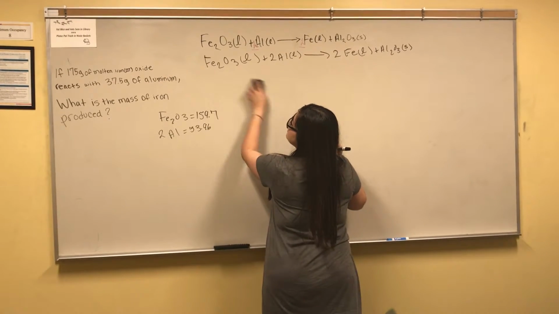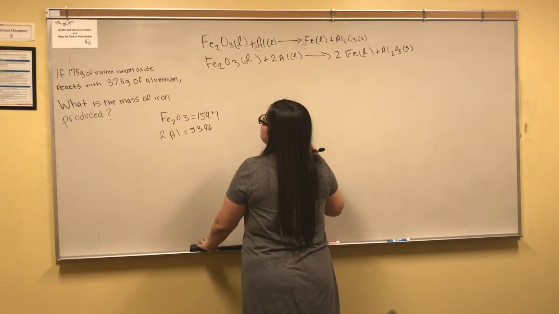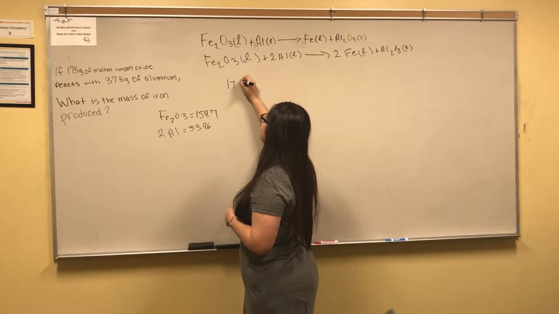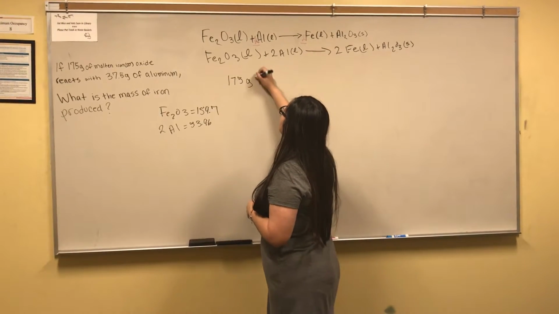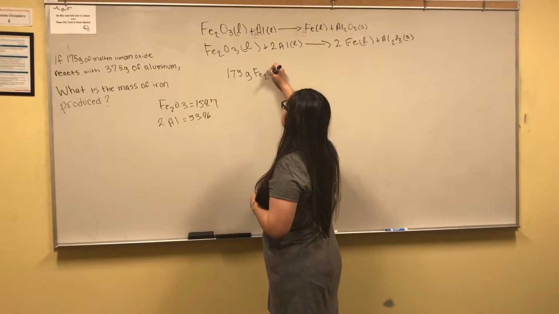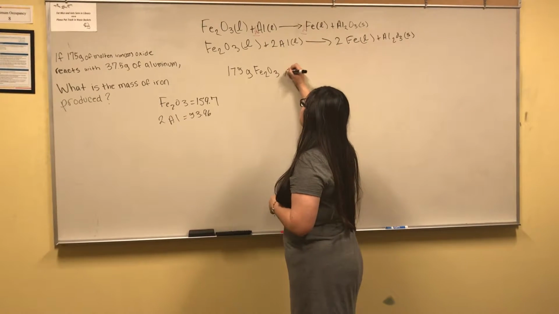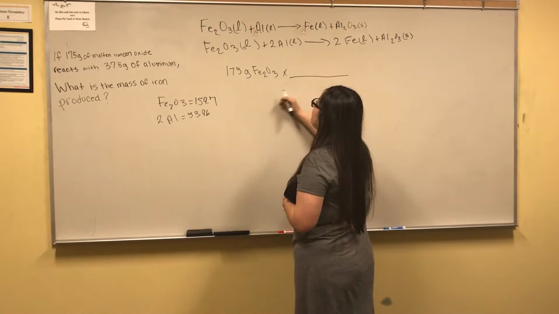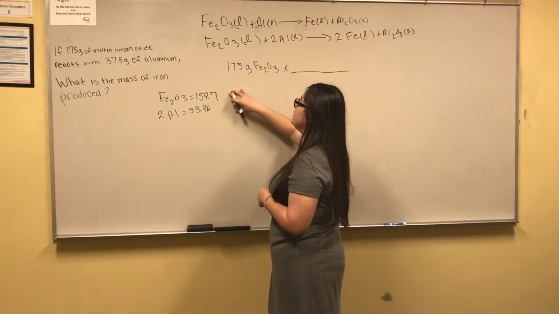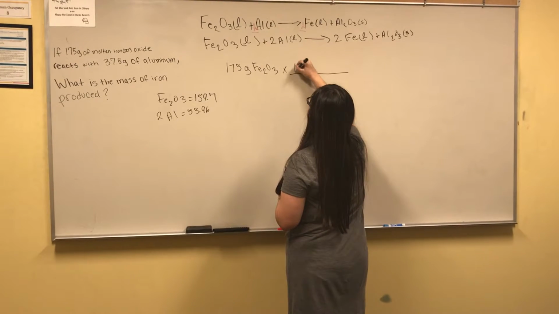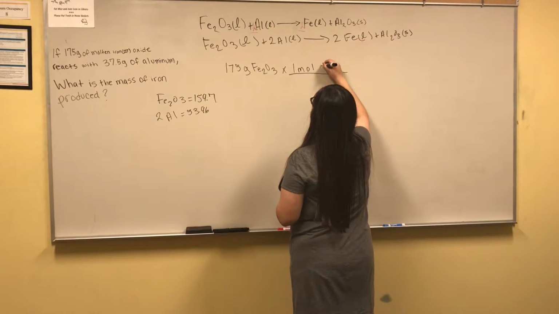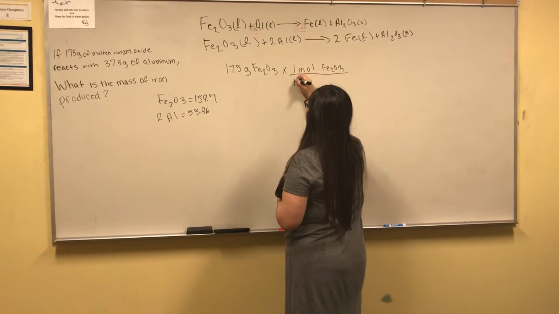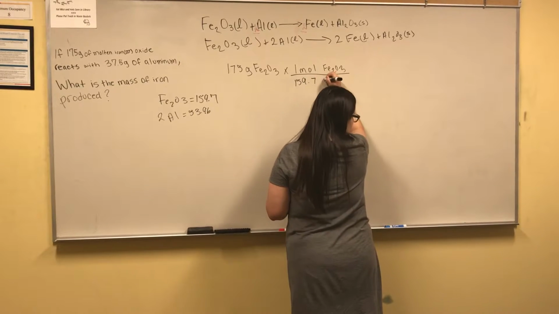It gives you the grams, so it'll be 175 grams of Fe2O3, and then you have to multiply that by the molar weight. So that would be 1 mole of Fe2O3 over 159.7 grams of Fe2O3.